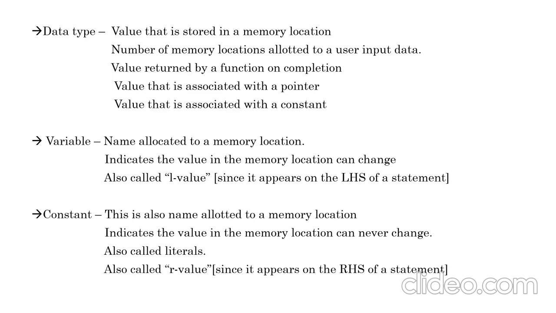Next, the value can be either a variable or a constant. Or else, a data type is represented by the number of bytes it is going to occupy. So, a data type is the number of memory locations that are allotted to a user input data. Or else, it can be a value returned by a function on completion.